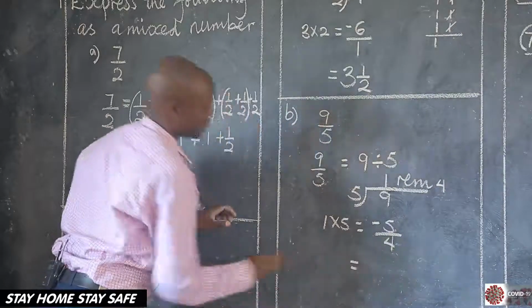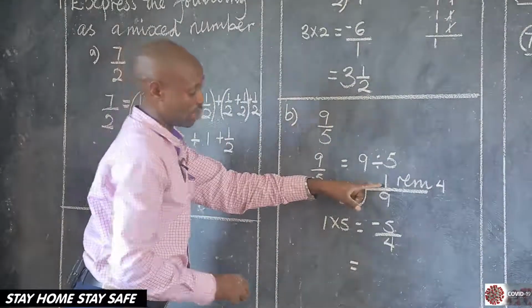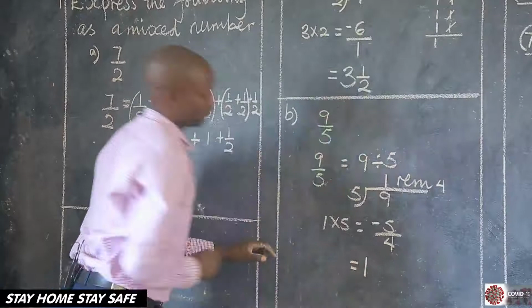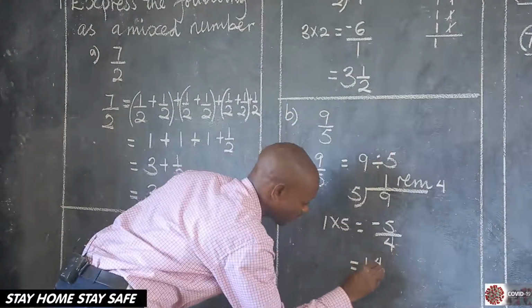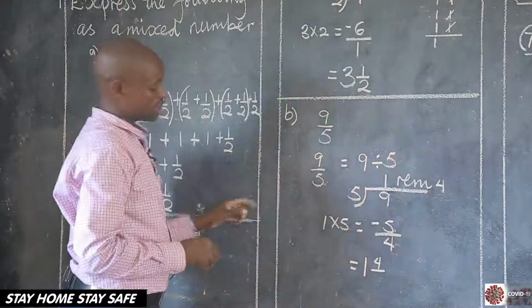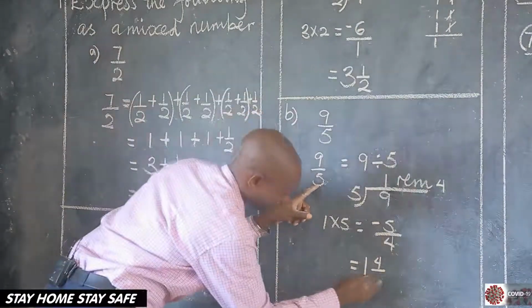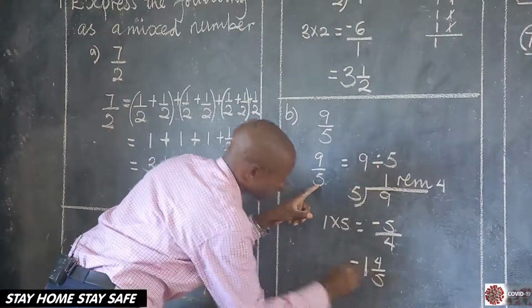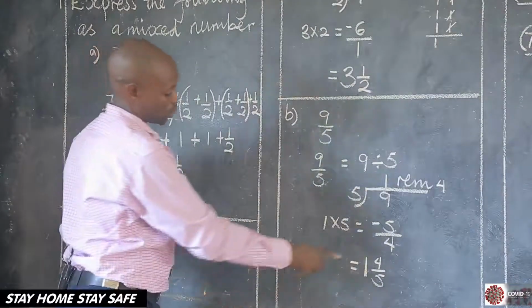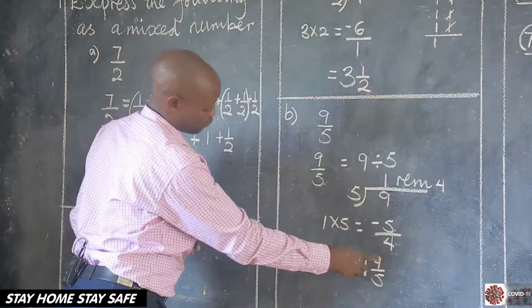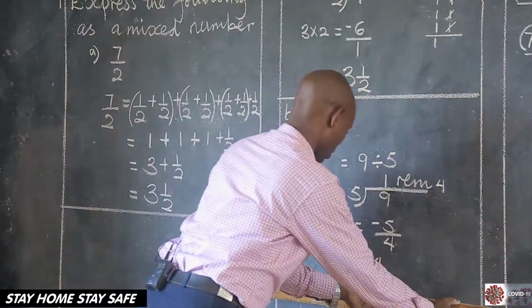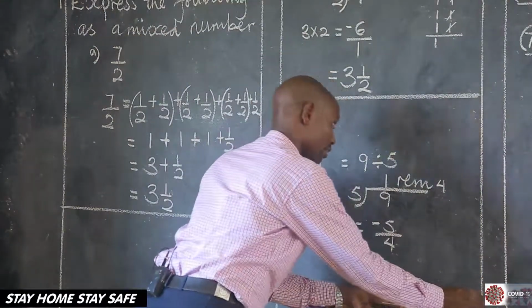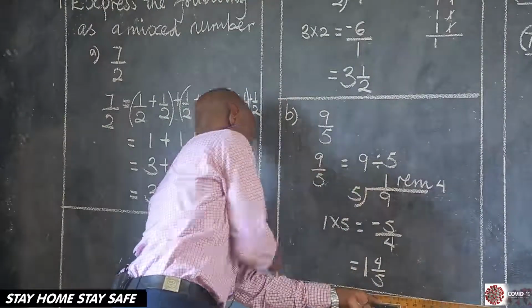Therefore, when I'm writing, I am going to begin with the whole number, then followed by the remainder, which is 4, but it should be divided by 5. And therefore, my fraction becomes 1 whole number 4 out of 5.